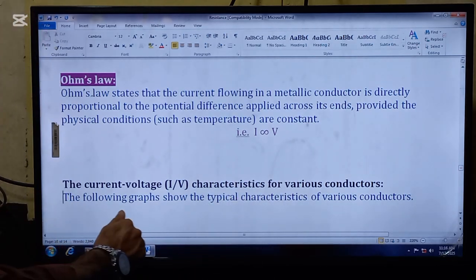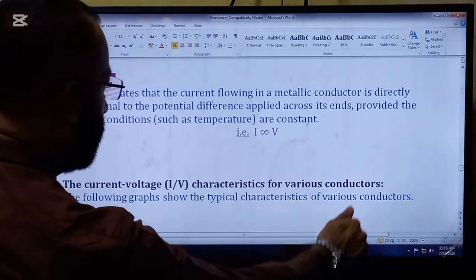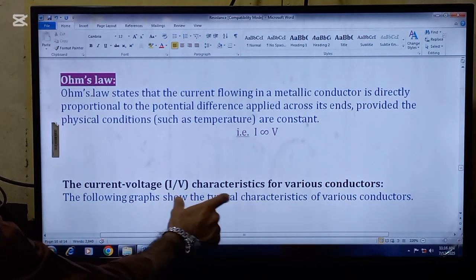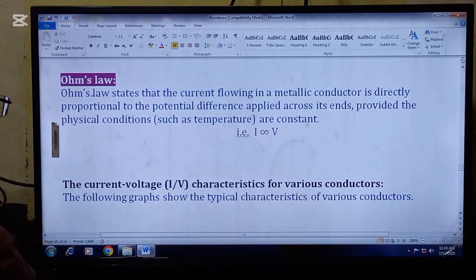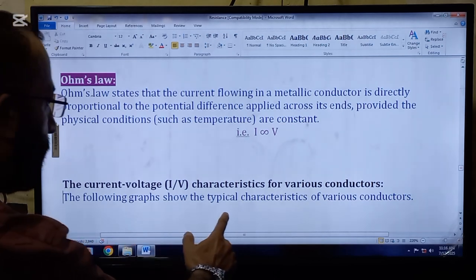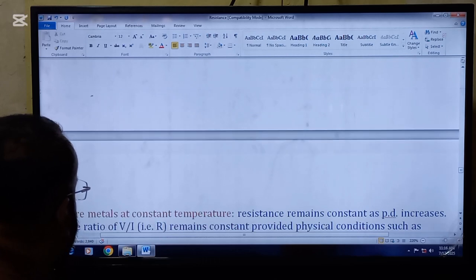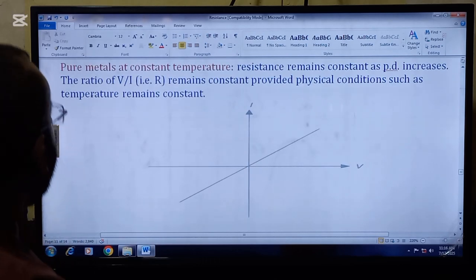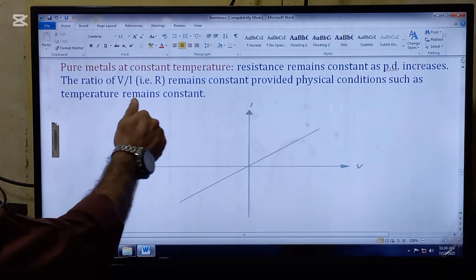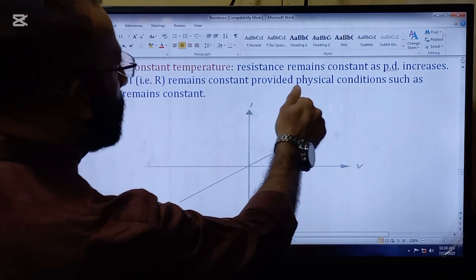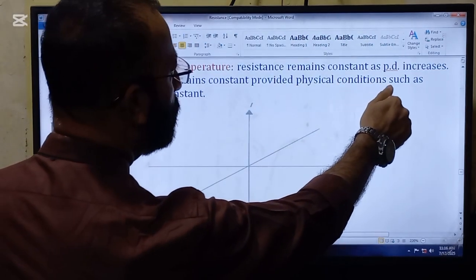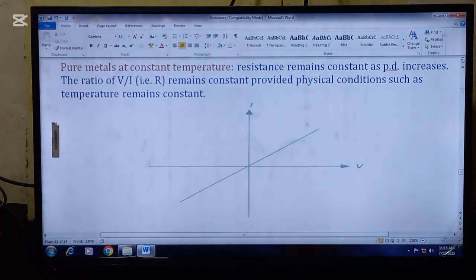The current-voltage characteristics for various conductors. So I over V characteristics for various conductors. The following graph shows the typical characteristics of various conductors. Pure metals at constant temperature: resistance remains constant as potential difference increases.